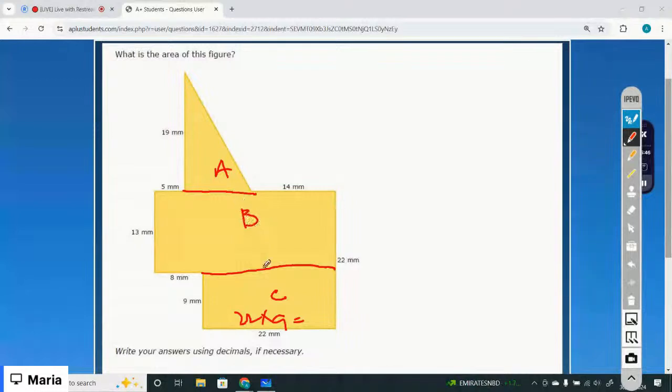So the B is 14, 22, no, this is 13, right? So 8 and 22, 8, 30 it is. So that is 13 times 30 equals 390.